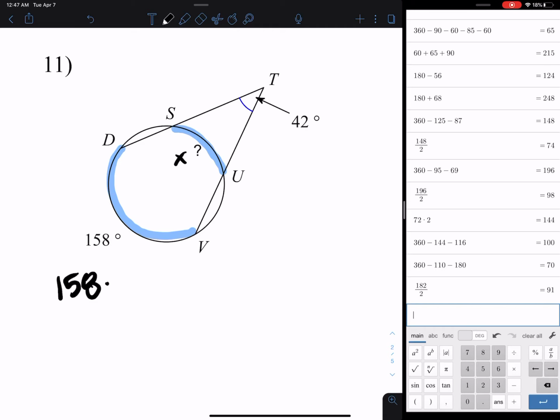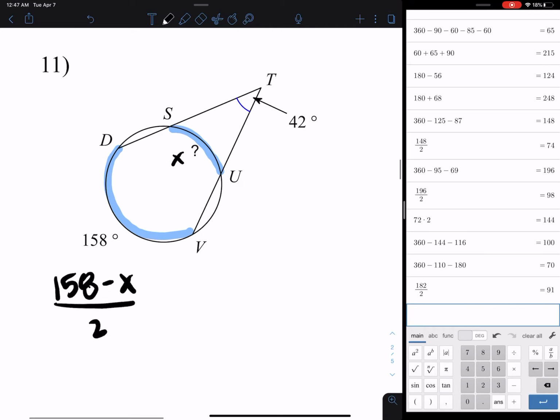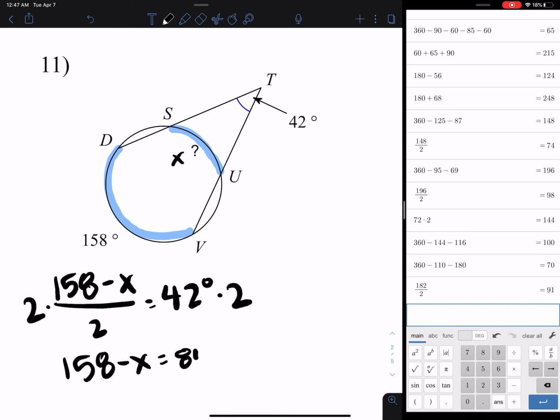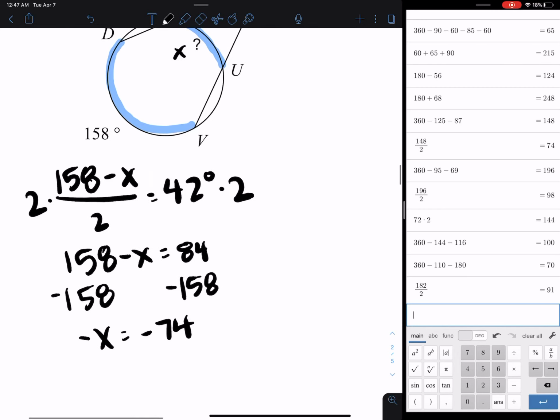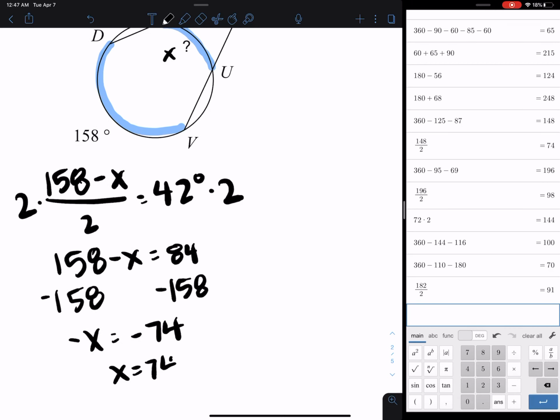So we do the major minus the minor divided by 2, and that tells us that exterior angle, which we know is 42. So we do the same thing, we multiply both sides by 2. We get 158 minus x equals 84. And then here we can subtract 158 from both sides, so we get negative x equals negative 74. But since they're both negative, we can just say x is equal to 74.